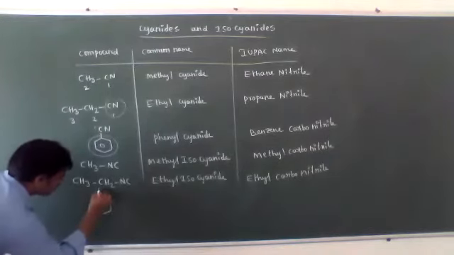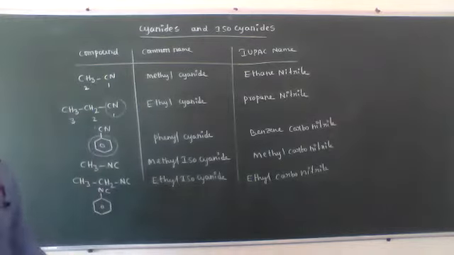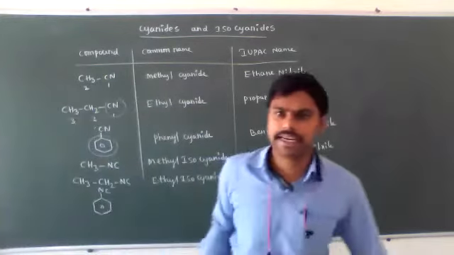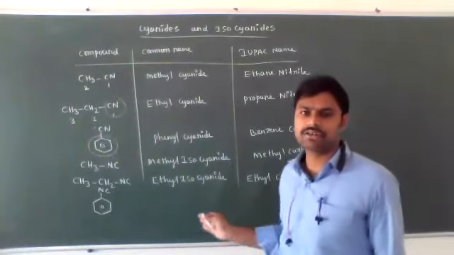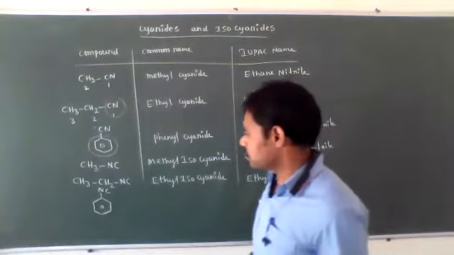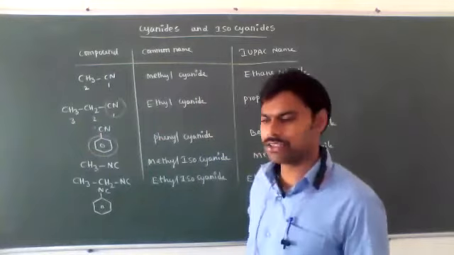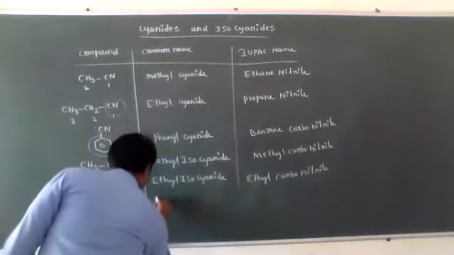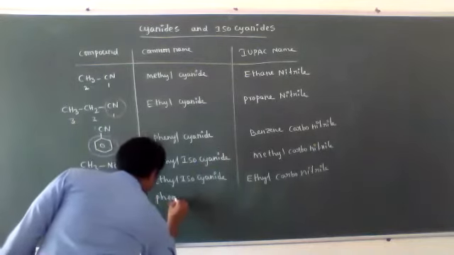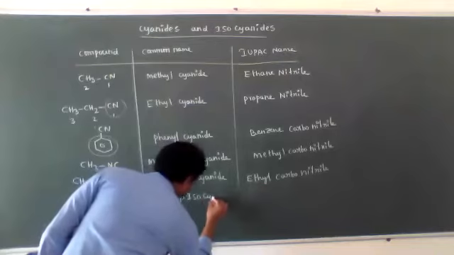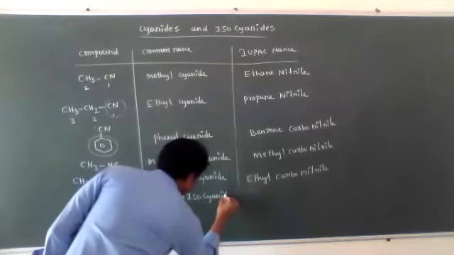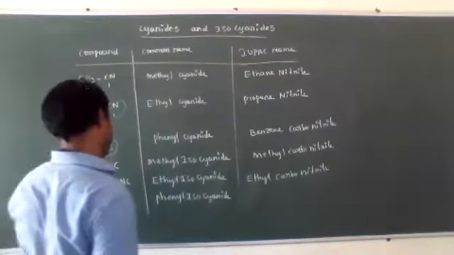For example, benzene ring having NC. Isocyanides, carbylamine test we have discussed. Primary amines are converted into isocyanides. So aniline is converted into phenyl isocyanide. This common name is phenyl isocyanide.